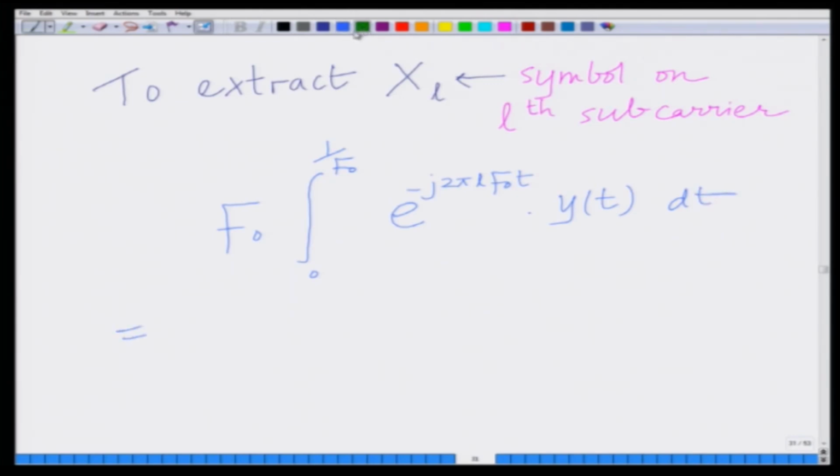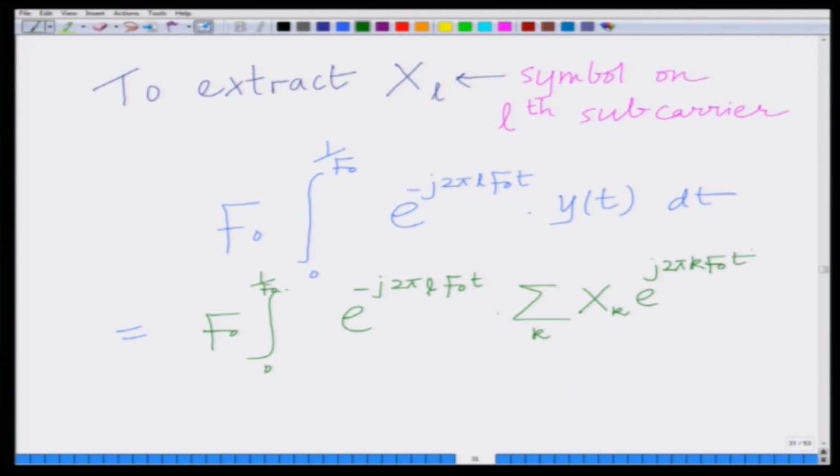Now, if you look at this, this is f naught integral 0 to 1 over f naught. I am going to substitute the expression for y(t). So, this is integral e to the power of minus j 2 pi L f naught t times y(t), which is summation over k x_k e to the power of j 2 pi k f naught t.